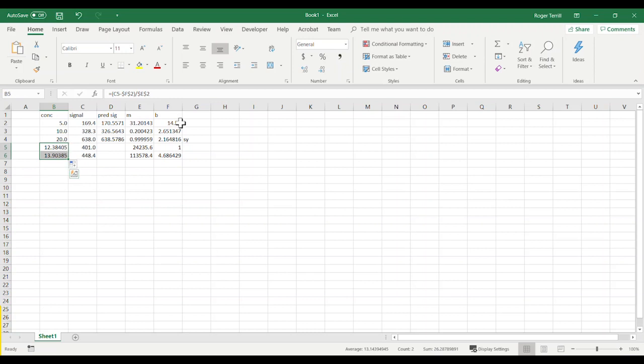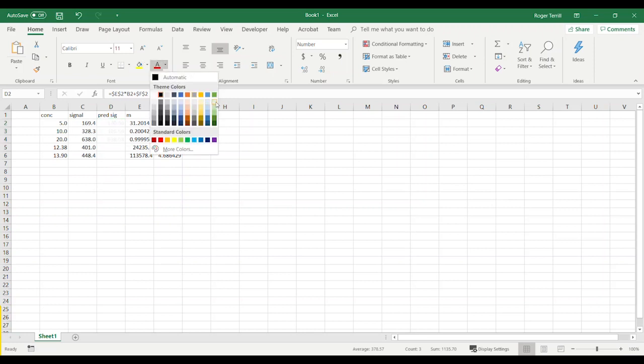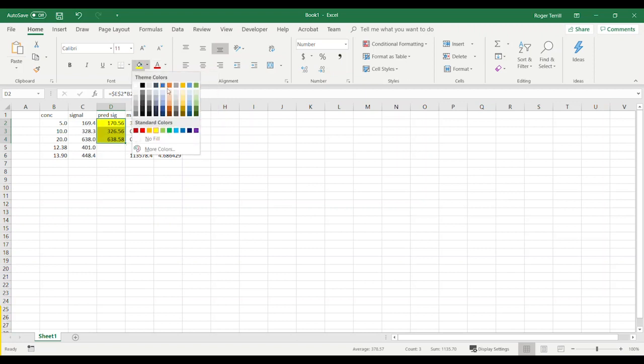Now let's just get the sig figs under control here a little bit, and then these too. And let's indicate that they are predicted by highlighting the cells in green. Oops, not the text color, the highlight. Highlight them in green rather.